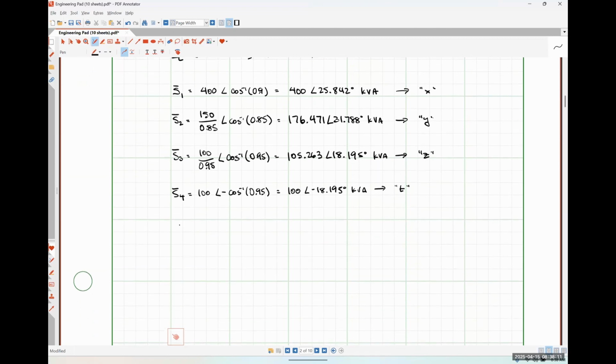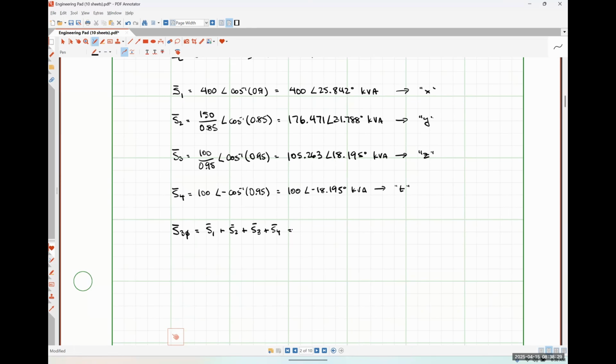So the total three-phase power absorbed in our system is just going to be S1 plus S2 plus S3 plus S4 all added together, right?